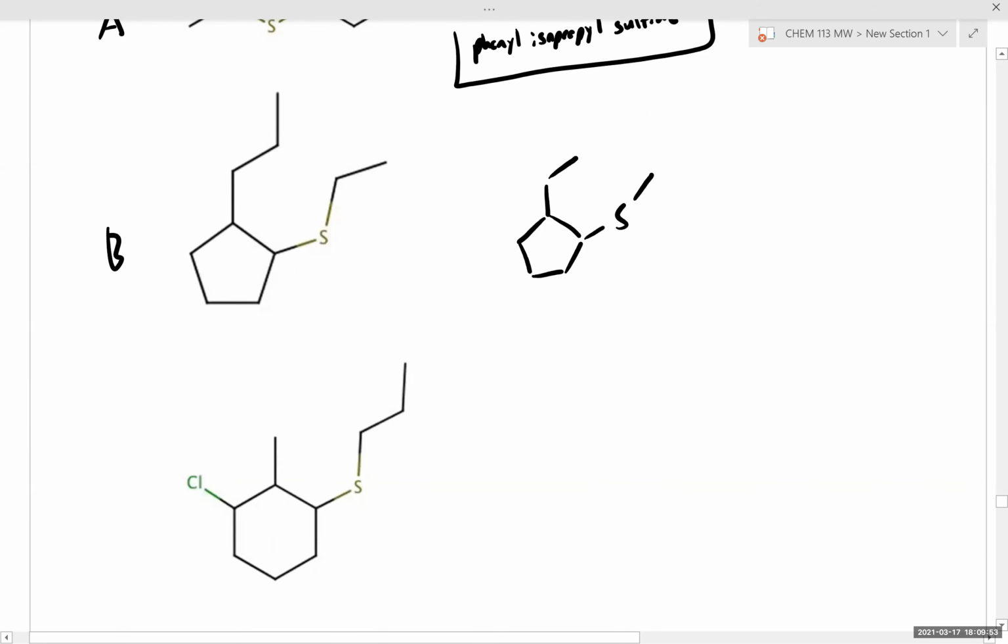Okay, so let's try to name these next two examples, keeping in mind that our alkylthio, alkyl group, and halide substituents are about equal in terms of priority. So the key tiebreaker is based on alphabetical order and minimizing locant numbers. So would anyone like to try to name either of the two compounds for example B?